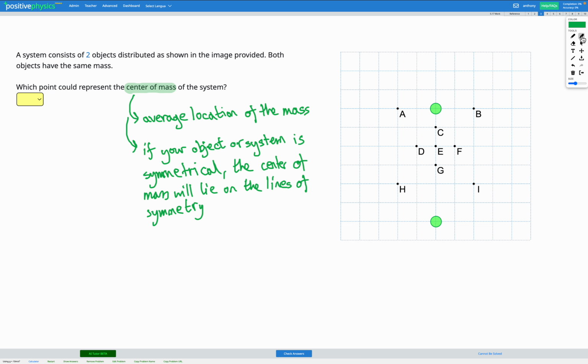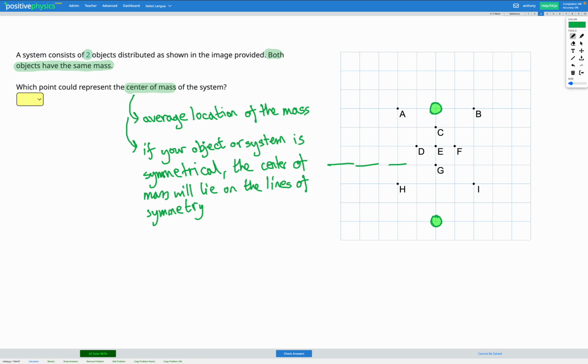Okay, so in this question, we've got two objects, and we're told both objects have the same mass. We need to figure out where the center of mass is. So looking at our system, we've got one object here and one object here. They both have the same mass. So this system is symmetrical because we've just got two objects of the same mass.